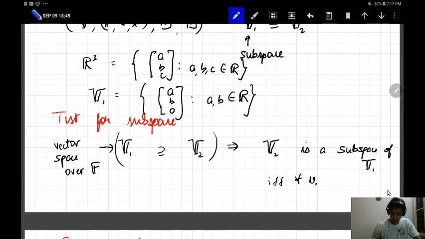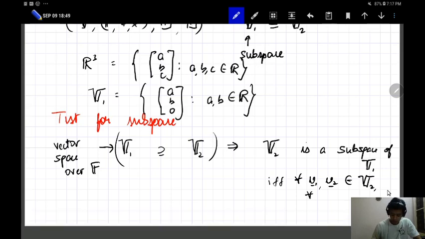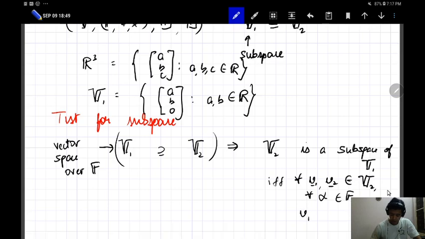For all vectors v1, v2 in this set V2, and for all alpha in the field F, v1 plus alpha v2 is also in the set V2, right? So I claim that this test of v1 plus alpha v2 being in V2 is a necessary and sufficient condition to test whether V2 is a subspace of V1.